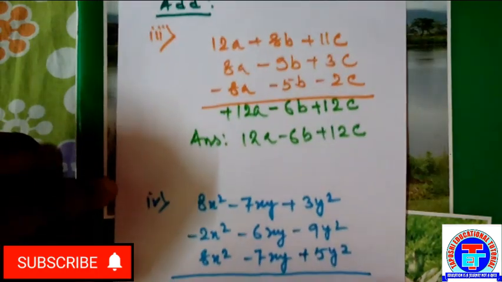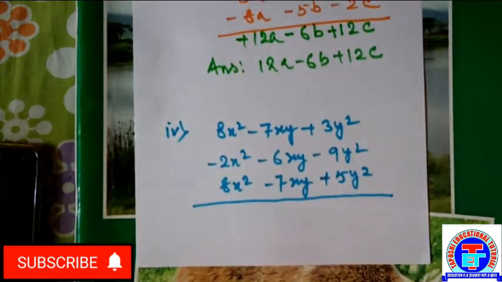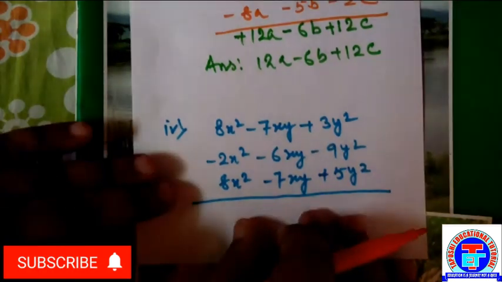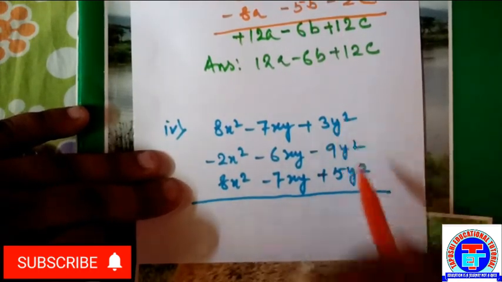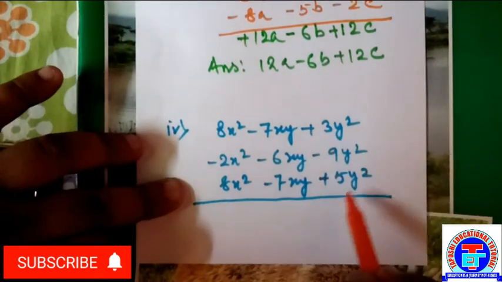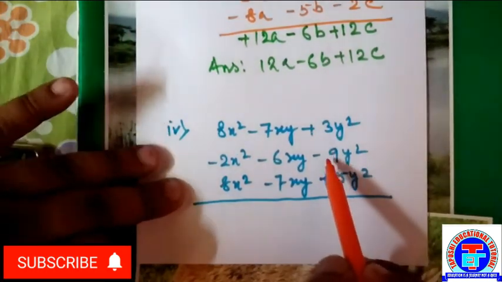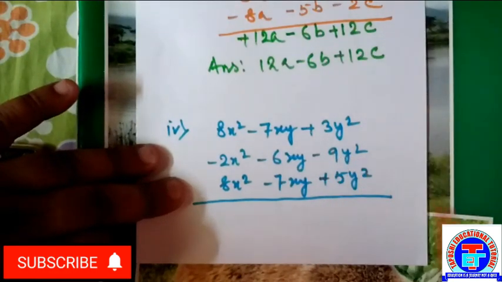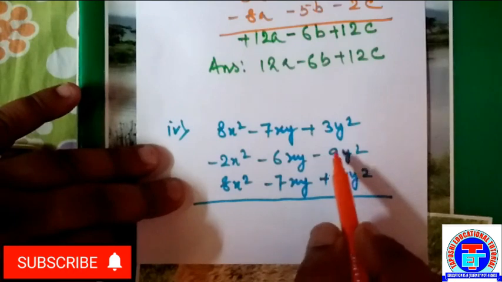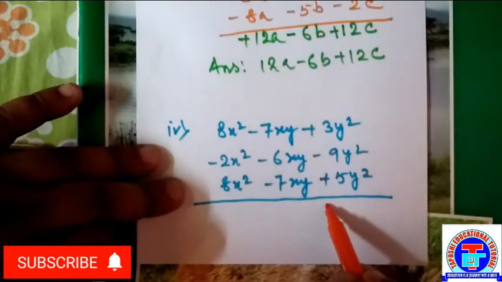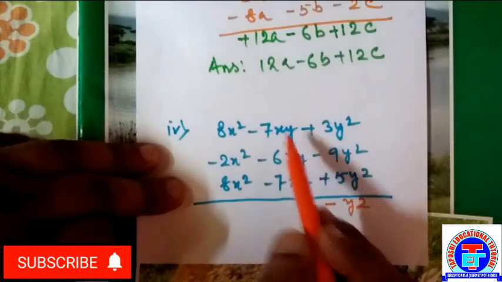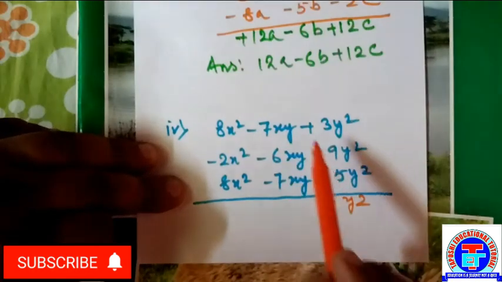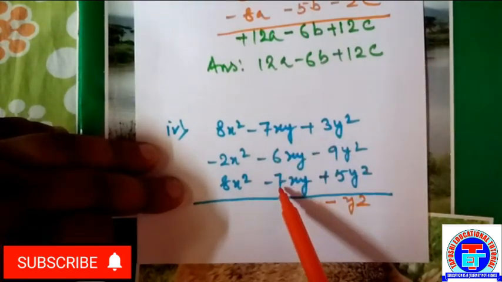Right? Now another problem is here. The same kind of problem we solve here. Let's try. 3y square plus 3y square and 5y square, both are in addition. This becomes 8y square. Now 9 is subtracted here. Because the minus sign is more than the plus sign, we write minus only y square. Right? Now all are borrowed, that means the negative sign is there. So 7 rupees borrowed, 6 rupees borrowed and 7 rupees borrowed.